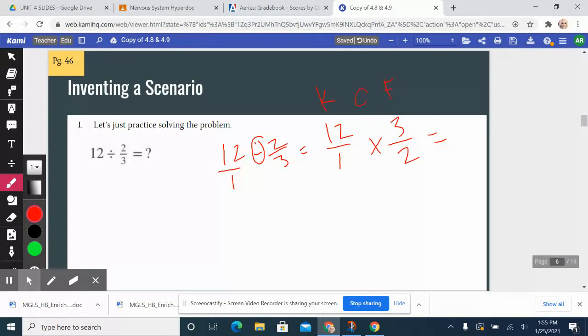You flip the second, and then you just multiply straight across. So 12 times 3, you know that's 36. And then 1 times 2 is 2. Well, 36 over 2 would just be 2 into 36, right? So that's 18. So under number 1, you should have, or maybe next to it, however it works for your book, what I have in red.